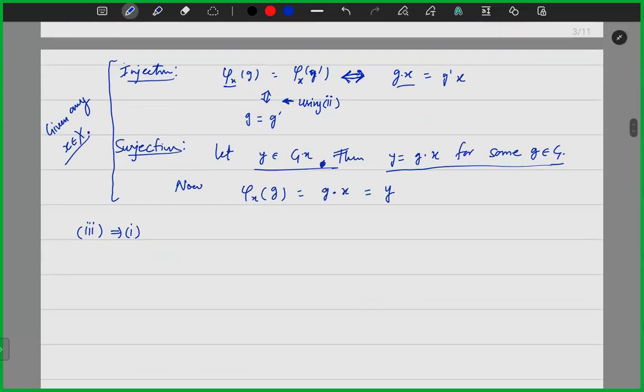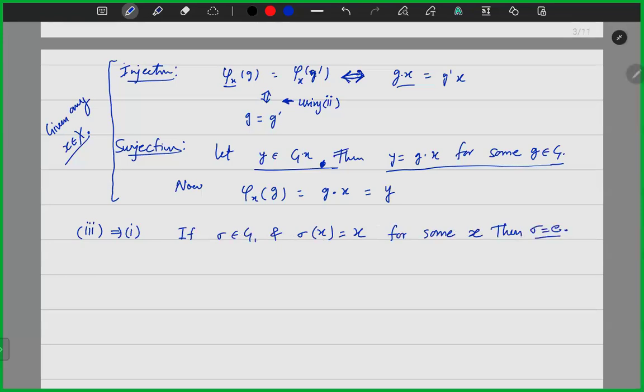It is already given. We have to show the action is free. Okay, that is, we have to show if sigma belonging to G fixes some x, then sigma should be identity.